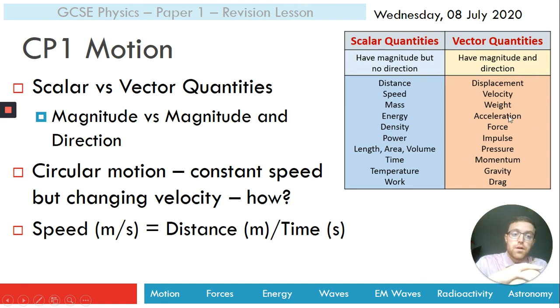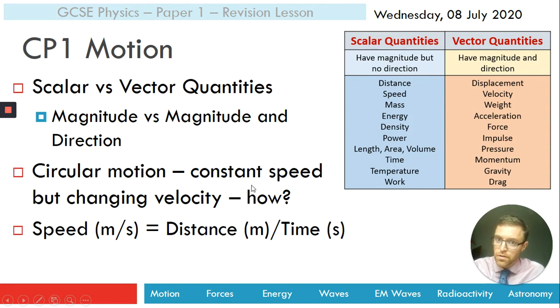Remember, a scalar quantity has a magnitude, a vector quantity has a magnitude and a direction. So, for example, distance, if I say I've traveled 10 meters, that's a distance. If I say I've traveled 10 meters west, that is a displacement. Okay, 10 meters, that's the magnitude, west is the direction.